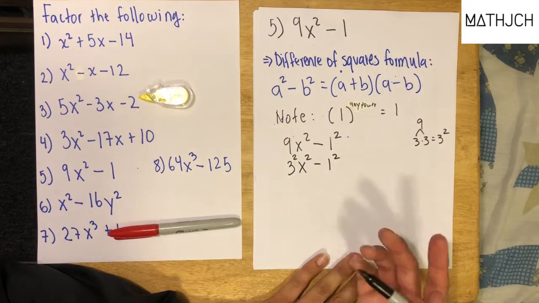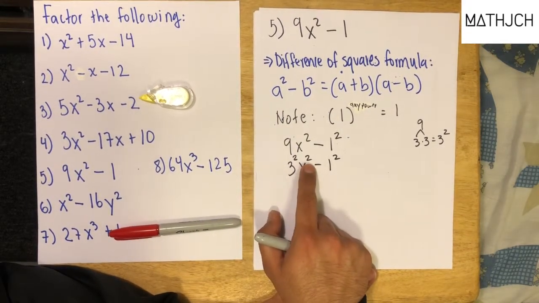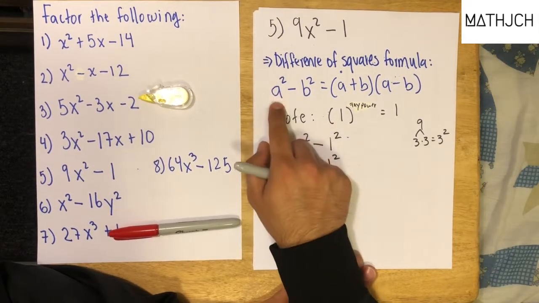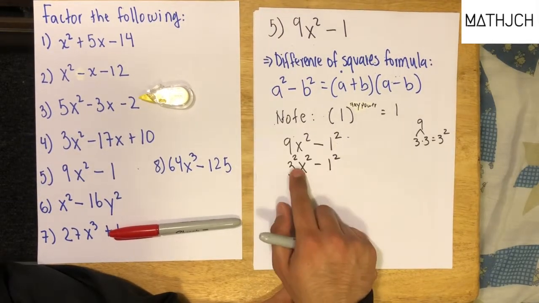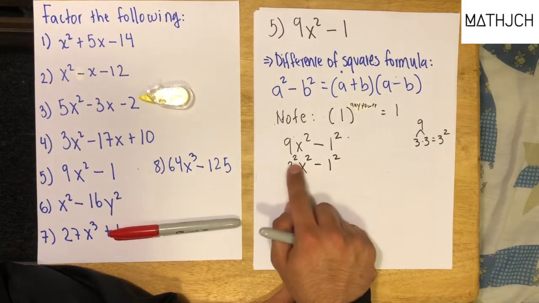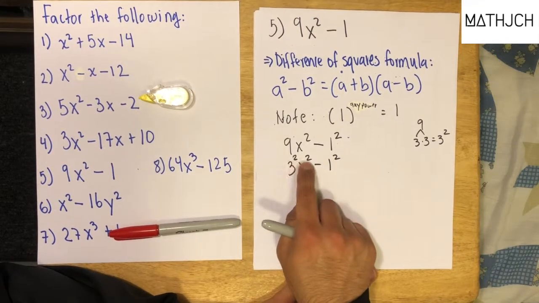1 squared. Now, notice that each one has a power 2. Our formula requires only one thing to the power of 2. But in here, we can make these two things have only one power because they both share the same number.